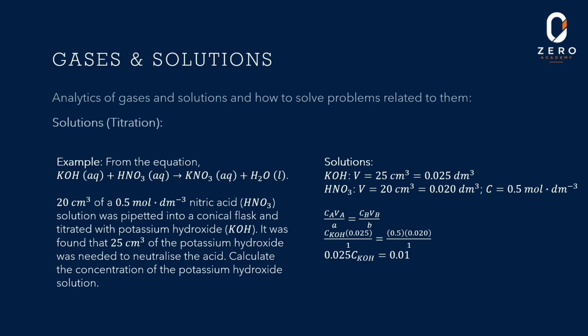Making concentration the subject of the formula, C of KOH is equal to 0.01 all divided by 0.025, and that will give us a concentration of 0.4 moles per dm³, and that is how you solve that particular problem.